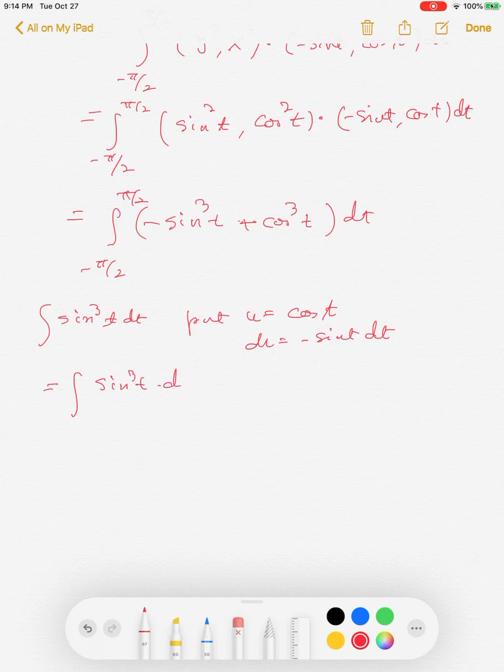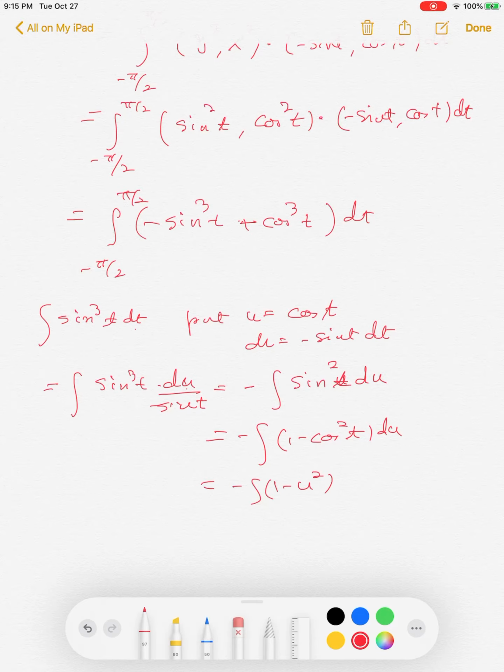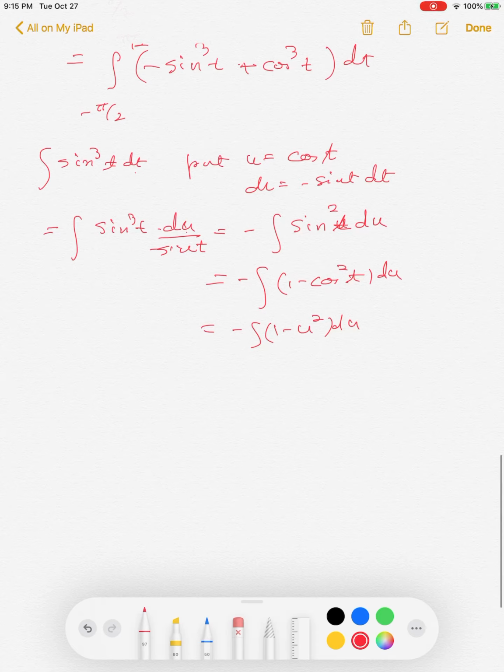So that gives you sine cube t dt will be du over minus sine t times sine square t, which you will write as 1 minus cos square t, and that will be minus (1 minus u square) du.